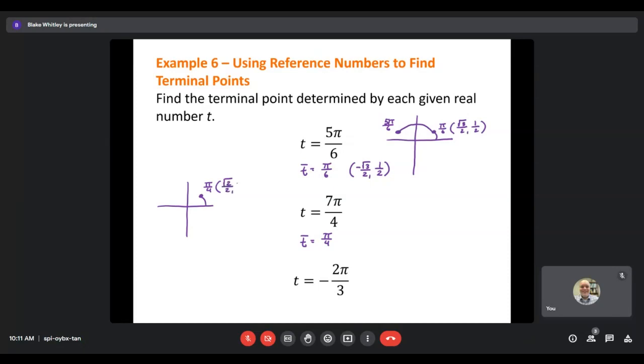Its terminal point is √2/2, √2/2. 7 pi/4, though, remember, is all the way around here in the fourth quadrant. And so now if we think about its ordered pair, because it's now a reflection over the x-axis, that means our y value becomes negative, x stays positive. So this terminal point is going to be √2/2, negative √2/2.